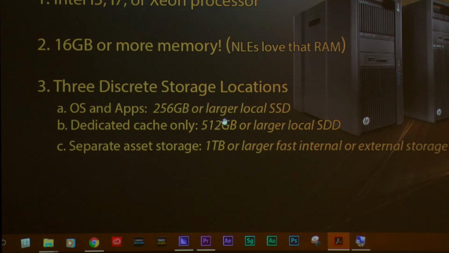But yeah, 512 at least, if you can, because that'll fill up pretty quick. And then you don't have to sit there and delete all your cache constantly in the middle of working on a project, especially larger projects. So the bigger your cache drive is, the bigger your project can be, and the faster it'll be.